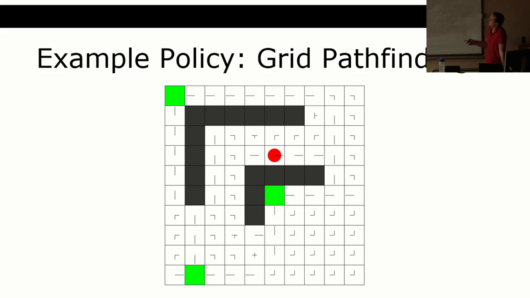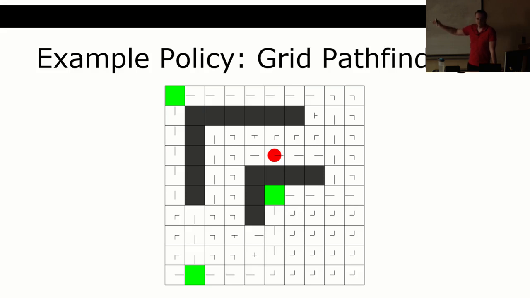What this grid represents is a bunch of arrows pointing in the direction that will lead you to the closest green square. And wherever there are multiple arrows, it just means you can take either one of them. So for example, if we're right here, we could either go up or left to get to the nearest green square as fast as possible. So that's an example of a policy. It's a way of representing what to do at a particular state.